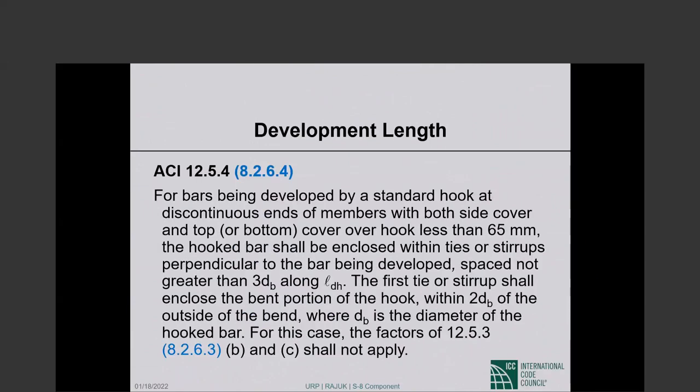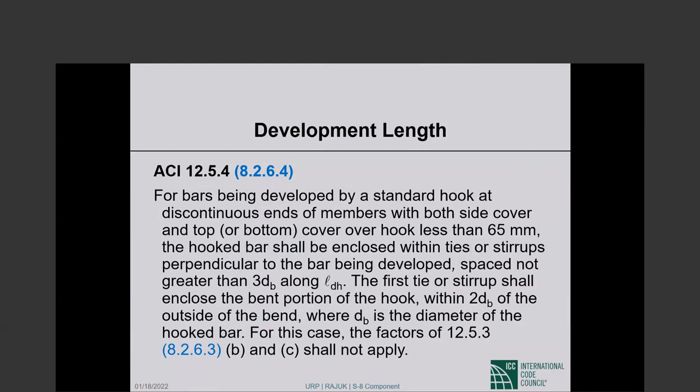This you have seen, for bars being developed by a standard hook at discontinuous ends of members with both side cover and top cover over hook less than 65 millimeters.